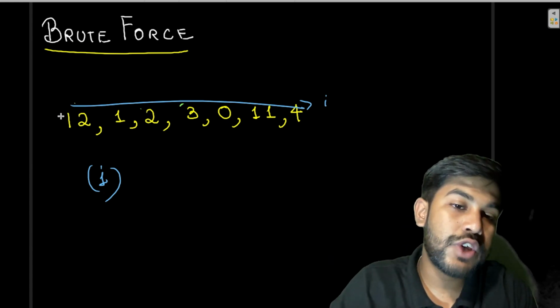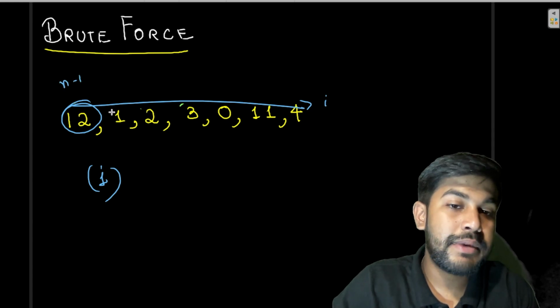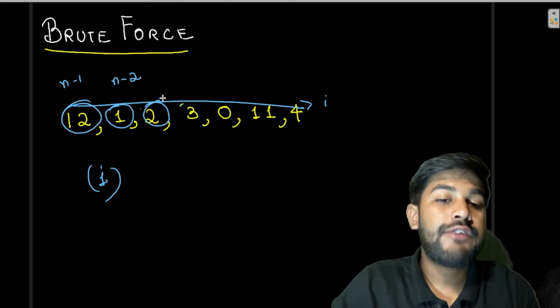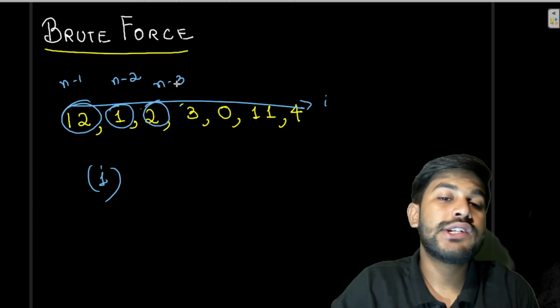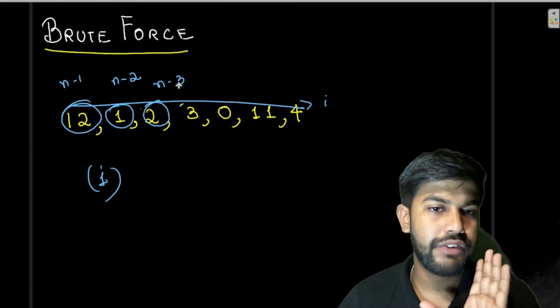In the worst scenario, for the first element, we would be iterating over n minus 1 elements. For the second element, n minus 2 elements, and for the third element, n minus 3. Just for your confirmation, n is the size of the array given.